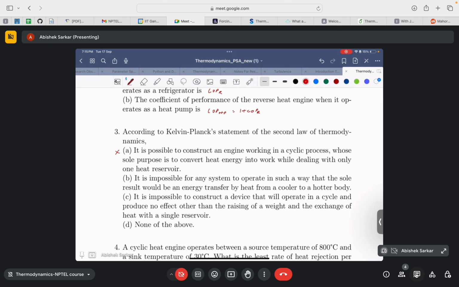So option A and C are just the inverse of each other, right? One says it is possible, one says it is impossible, right? So option C says that it is impossible.